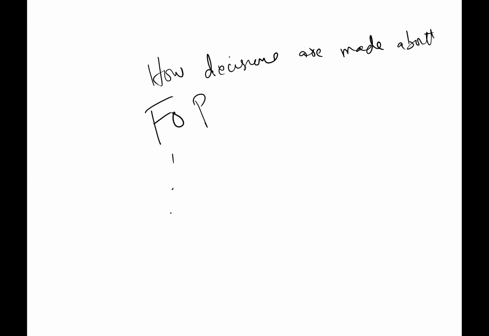And there are three kinds of factors of production. Number one, labor. Number two, land. Number three, capital.